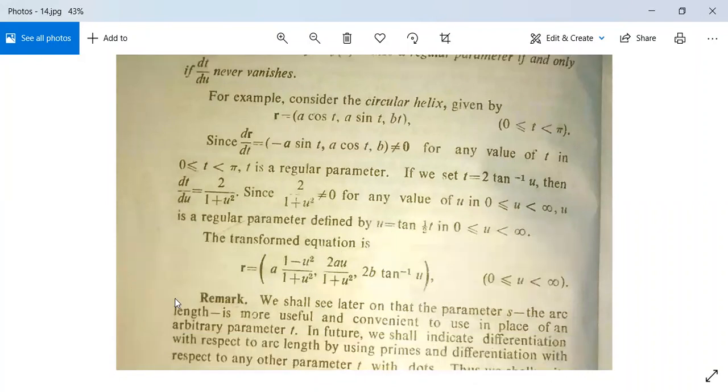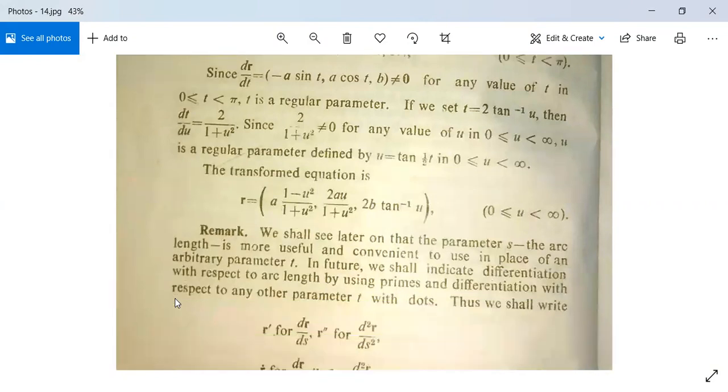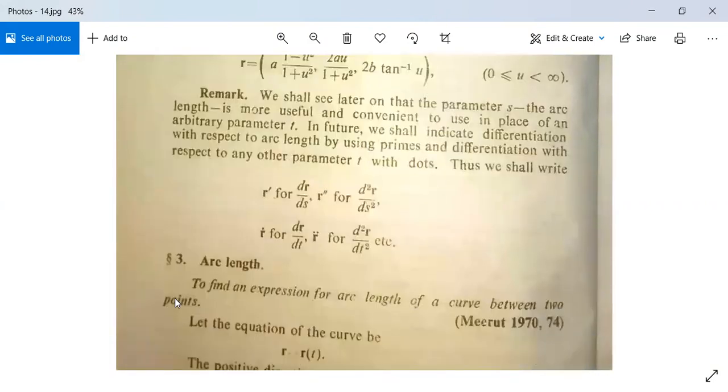using your intermediate formula and concepts. अब देखो some remark: we shall see later on that the parameter s, the arc length, is more useful and convenient to use in place of an arbitrary parameter t.